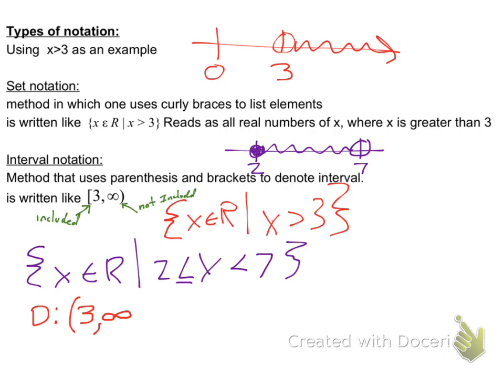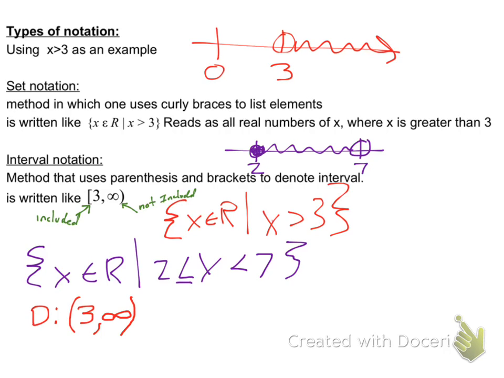No. So that means infinity is never included. It's an open parentheses, or a parentheses. You can never be at infinity because as soon as you're there, someone will go one past you, and now they're there. And then you're like, well, no, I'm going to go a little bit further, and a little bit further and a little bit further. The whole principle of infinity is it never ends, right? So you'll never be there.